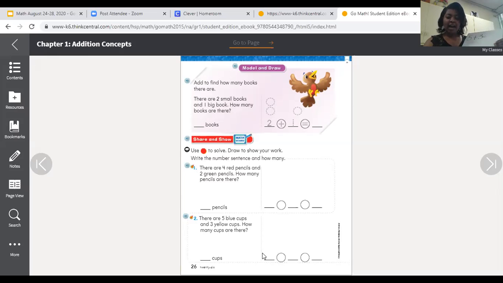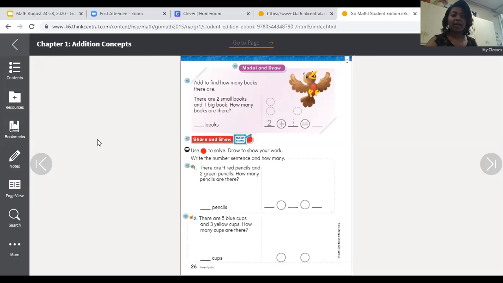So I should have a 5, my plus sign, 3, my equal sign, and I've got to figure out my sum. So I'm going to draw 1, 2, 3, 4, 5. 1, 2, 3. 1, 2, 3, 4, 5, 6, 7, 8. So what is my sum? It's 8. It's going to go after that equal sign. 5 plus 3 equals 8. There are 8 cups, and then I'm going to write the number 8 right there as well.